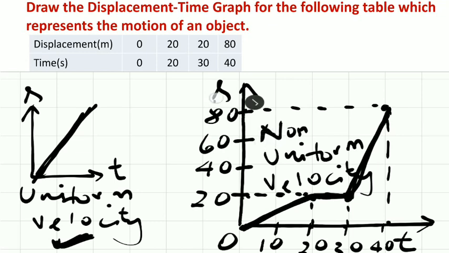If the displacement time graph is not a straight line, then it requires the non-uniform velocity and the motion is called non-uniform motion. This is non-uniform motion. In this case, that was uniform motion.